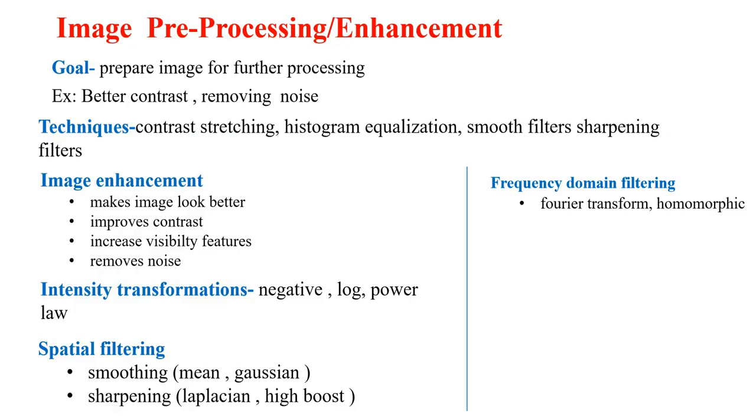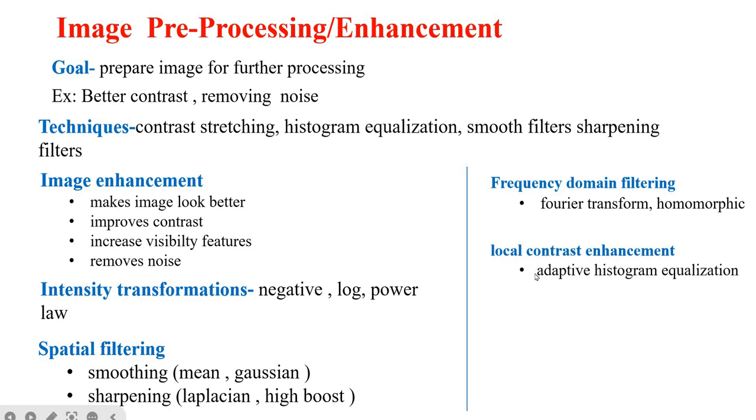Next you have frequency domain filtering, where the enhancement is done using mathematical transforms such as the Fourier transform and the homomorphic transform. Similarly, you have local contrast enhancement, where you will be using methods like adaptive histogram equalization.